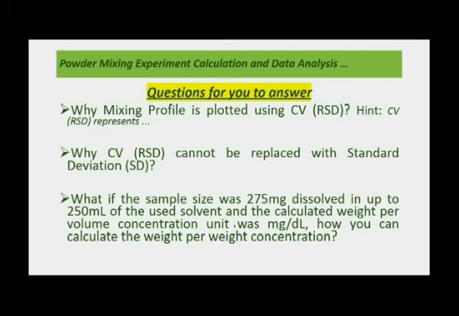In the third question, you have to first calculate the amount of sample in 1 deciliter, then divide the concentration weight per volume by the resultant amount in 1 deciliter.